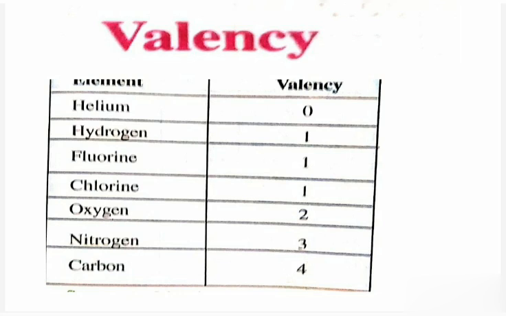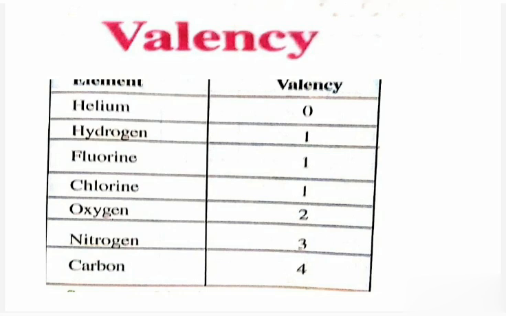From which element can it take? It can take from sodium also. Sodium has atomic number 11. In the first shell, n equals 1, 2 electrons will come. In the n equals 2 shell, 8 electrons will come. In the n equals 3 shell, 1 electron will come. So in the n equals 3 shell of sodium, 1 electron is there.